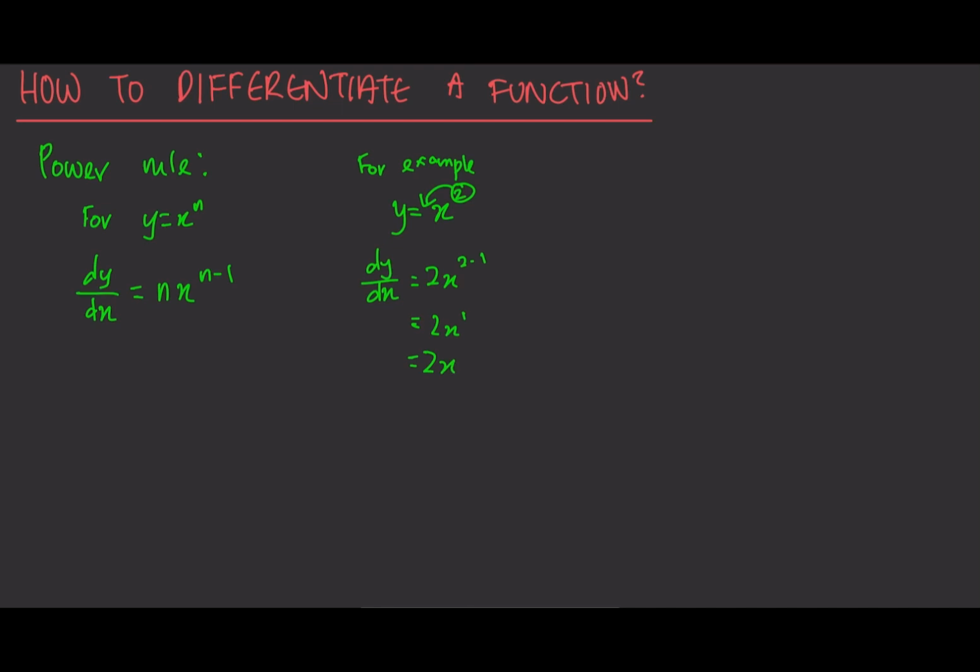So why does this work? Well, if we use the definition of the derivative, the limit as h approaches 0 of f(x+h) minus f(x), divided by h. Then we input f(x+h) as (x+h) squared, and we get the limit as h approaches 0 of (x+h) squared minus x squared, then we divide by h.